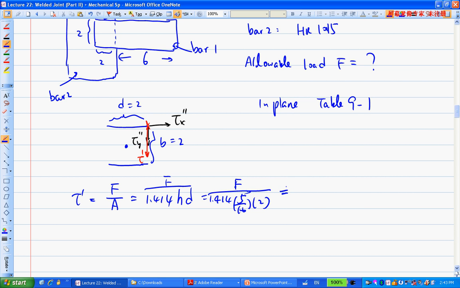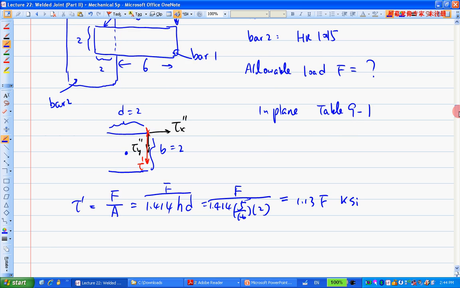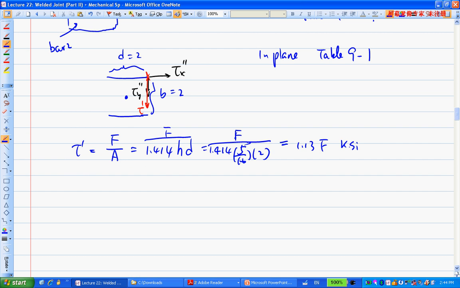Simplify that: 1.13 F KSI. For now I use KSI. You can also use PSI, but for ease of calculation, since most material properties will be in KSI, we use KSI here. So that's tau prime.